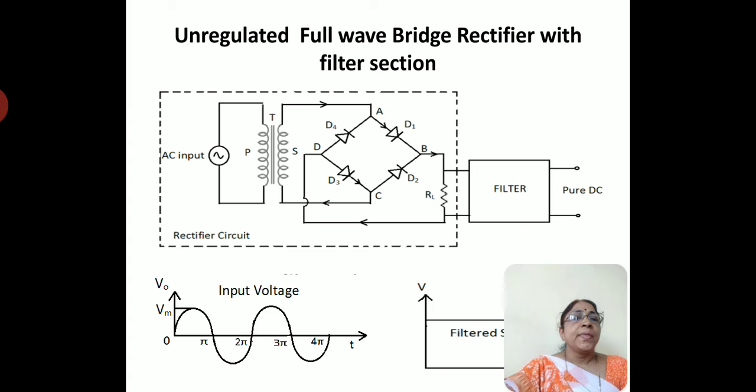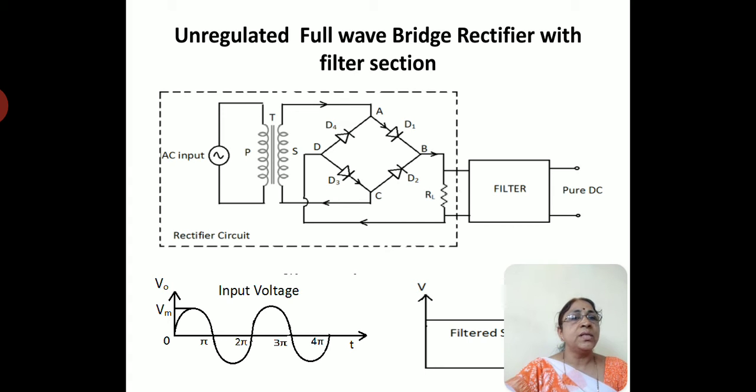Now, the unregulated full wave bridge rectifier with the filter section is shown in this figure. It consists of a bridge rectifier, that is an unregulated one, where D1, D2, D3 and D4 are connected in the form of a bridge.